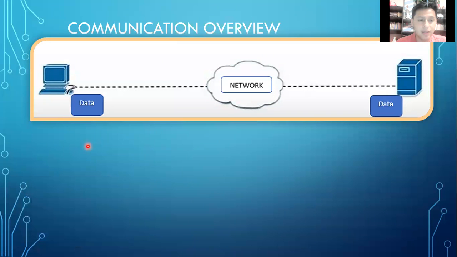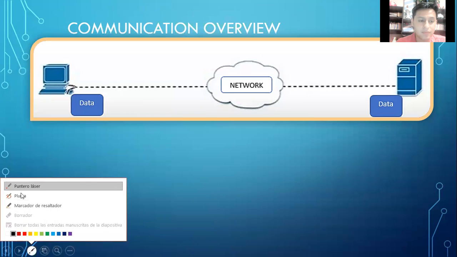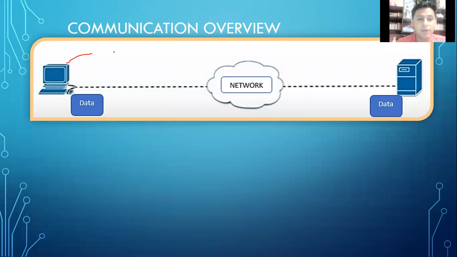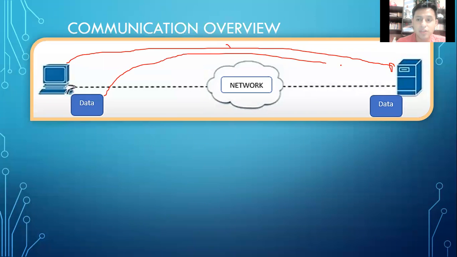For example, we have a computer and we have a server. The computer sends a message to the server. But we don't know what is in the middle.